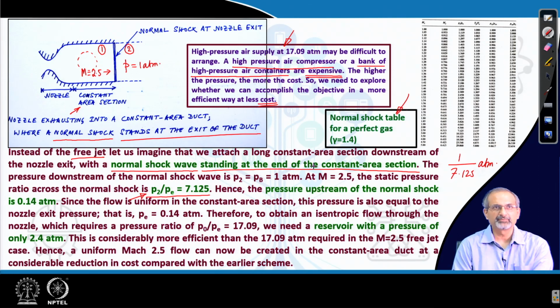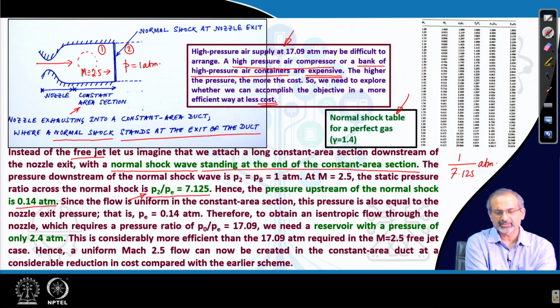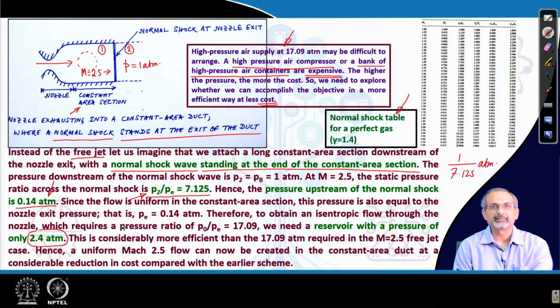So, the pressure upstream of the normal shock now becomes 0.14 atm, that is a small fraction of the atmospheric pressure. And now, the advantage is that you are going to have the same flow expanded to a pressure of 0.14 atm at Mach 2.5, that needs only 2.4 atmosphere at your stagnation or settling chamber end instead of 17.09.